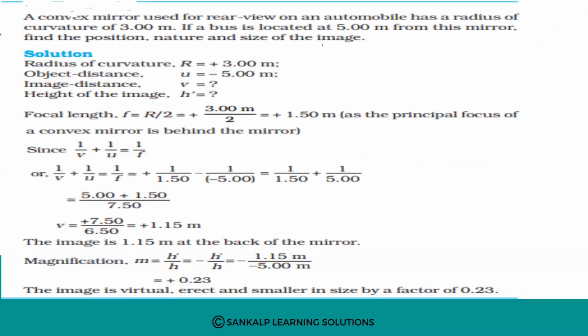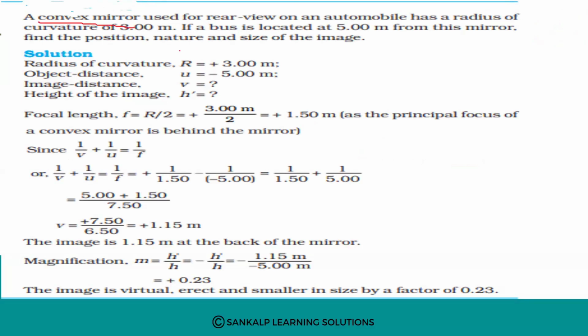Okay, next. A convex mirror used for a rear view on an automobile has a radius of curvature of 3 meter. If a bus is located at 5 meter from this mirror, find the position, nature and size of the image. So here it is a convex mirror.